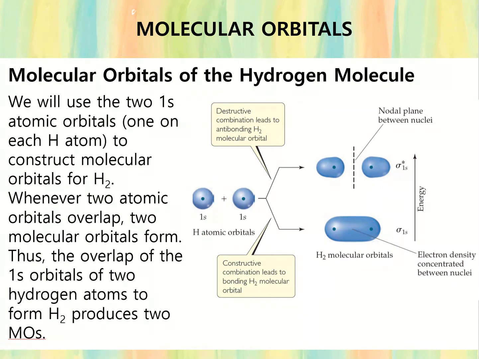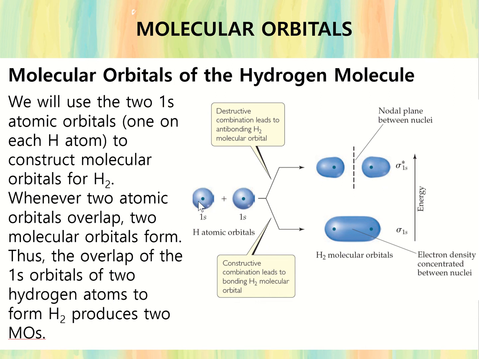So this is our example. Whenever 2 atomic orbitals overlap, 2 molecular orbitals form, right? Thus, the overlap of the 1s orbitals of 2 hydrogen atoms to form H2 produces 2 molecular orbitals.